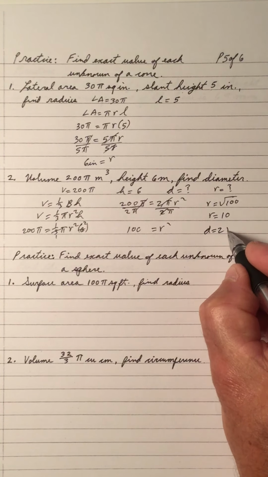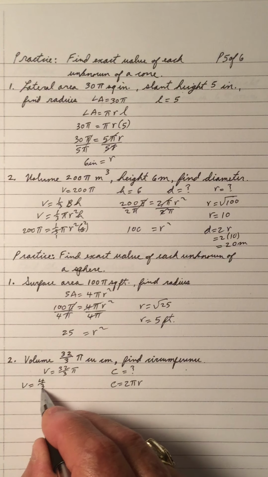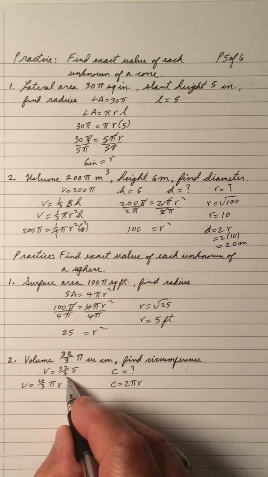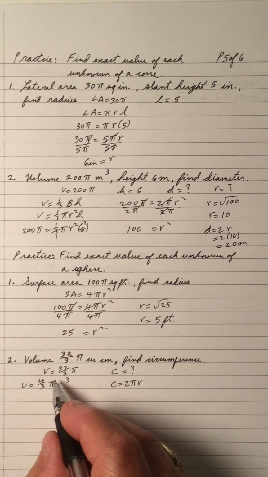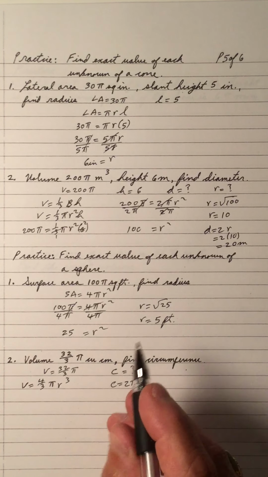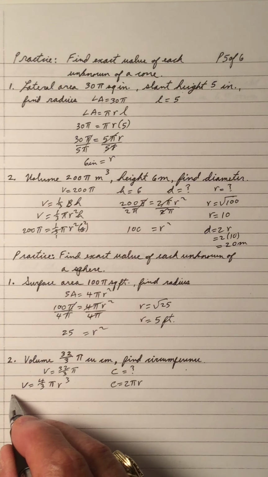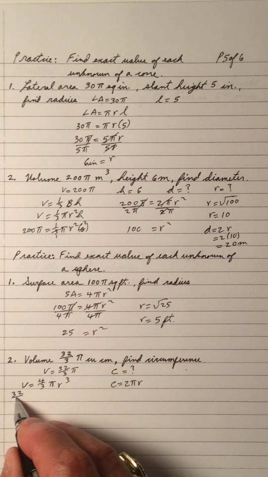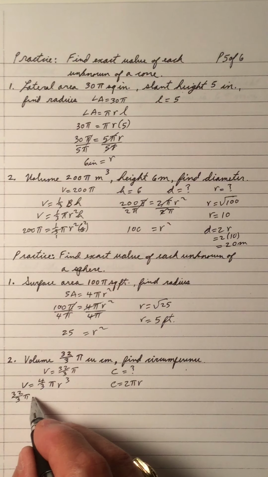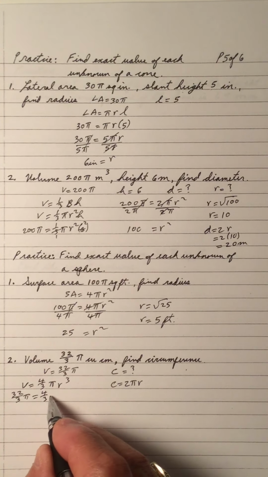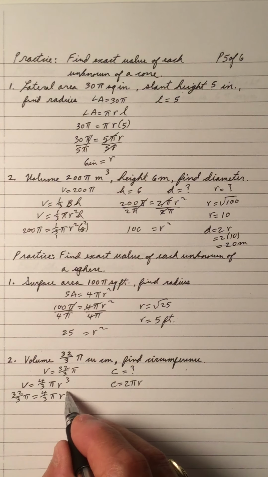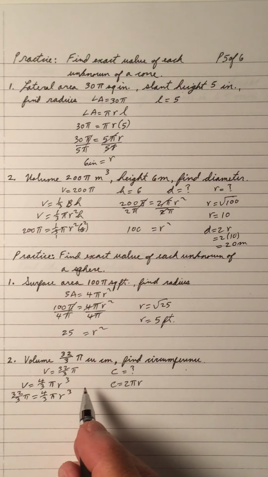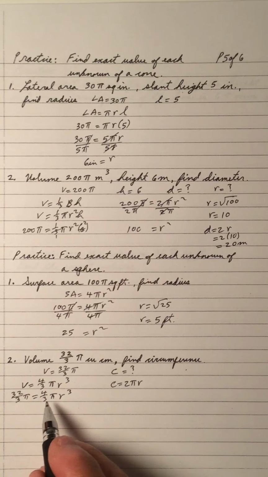So the formula for the volume, we're dealing with a sphere, so it's V equals 4 over 3 pi r cubed. Again, memorize the formulas. Recall them, and everything goes much, much better. The volume is 32 over 3 pi equals 4 over 3 pi r cubed. And what I'm going to do now, I have fractions.